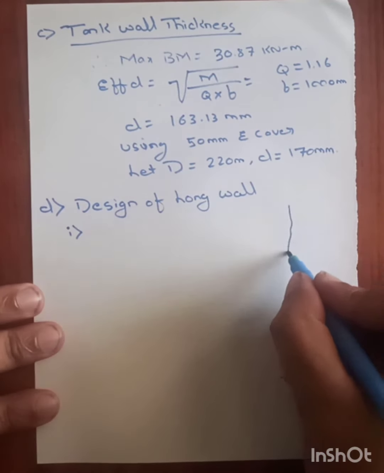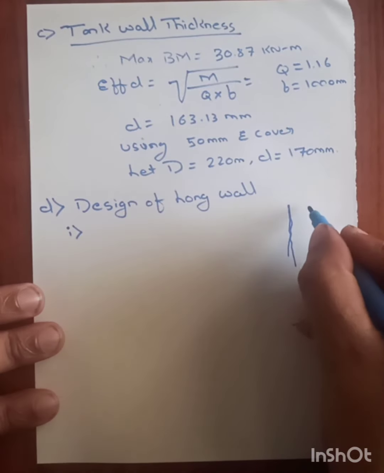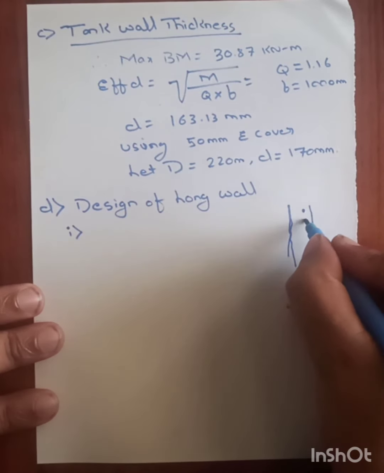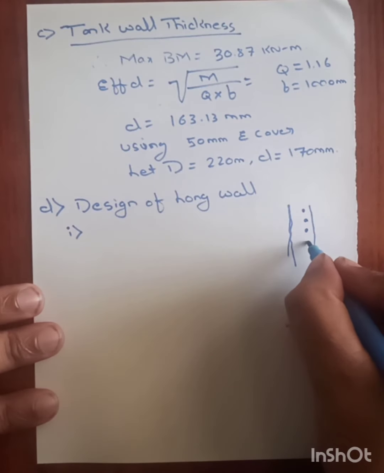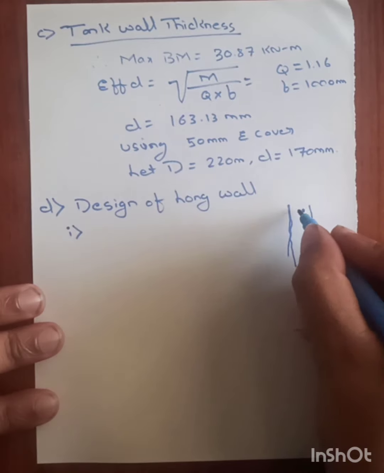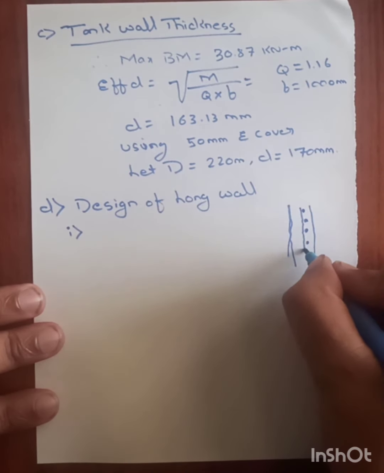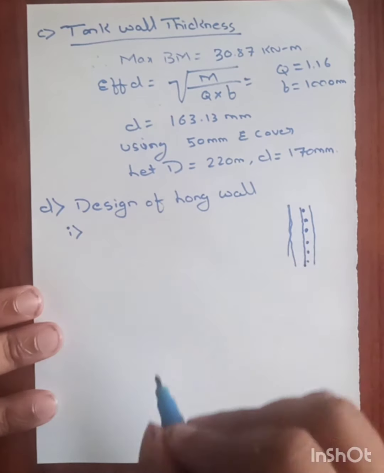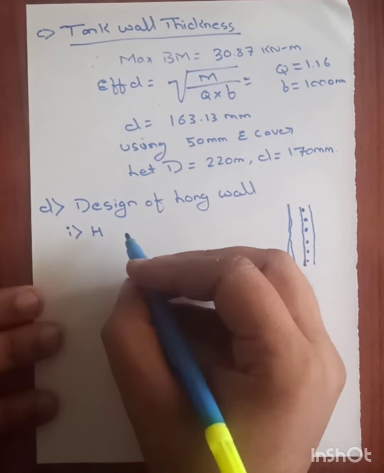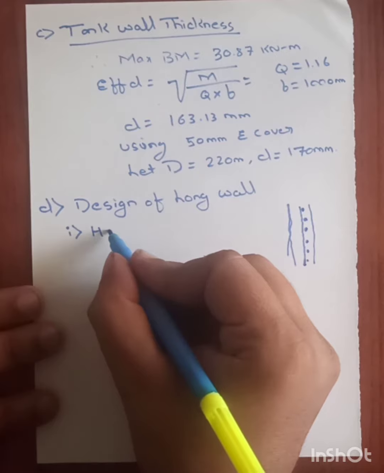So suppose this is the long wall you have, we need to find the horizontal steel, that is hoop steel, and the vertical steel for the vertical moment. So let us first find the hoop steel.